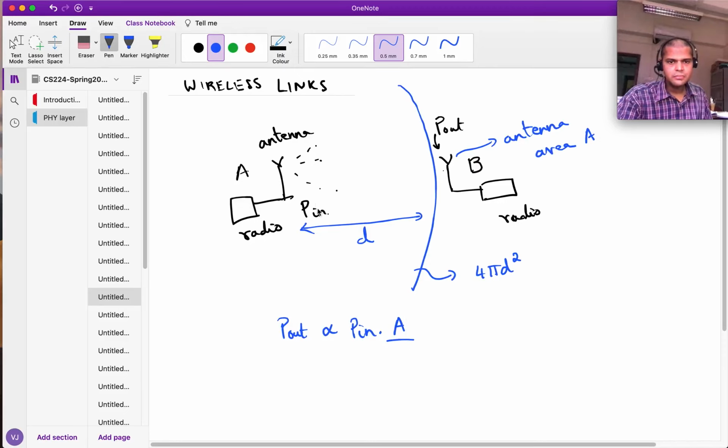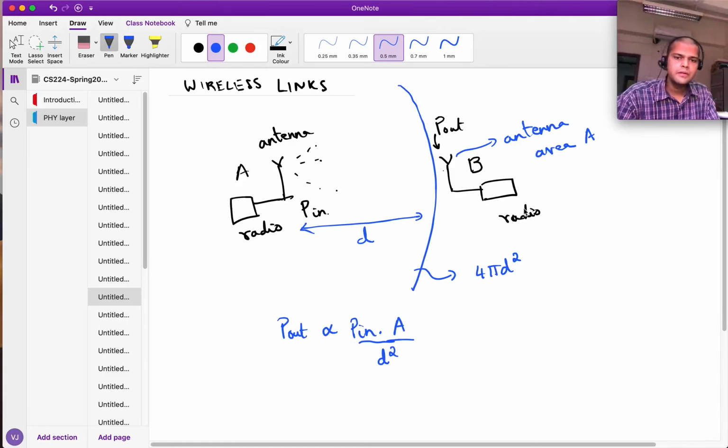But this input power is spread out over some surface, so it comes out something like that. So this is the intuition why your power decays a lot in a wireless system, because as d gets larger, you get very little power at the other end.